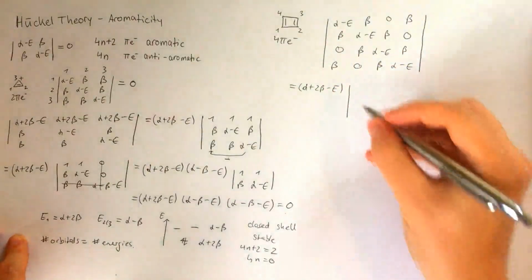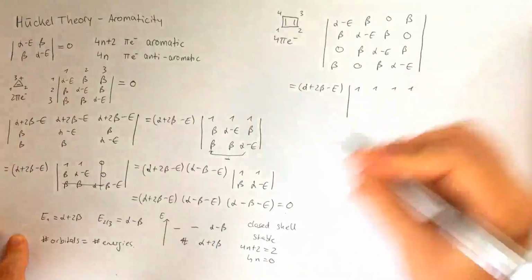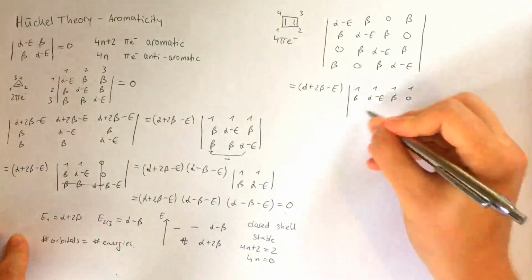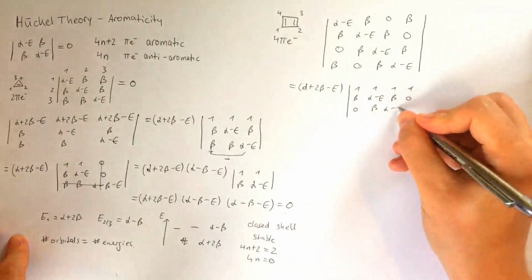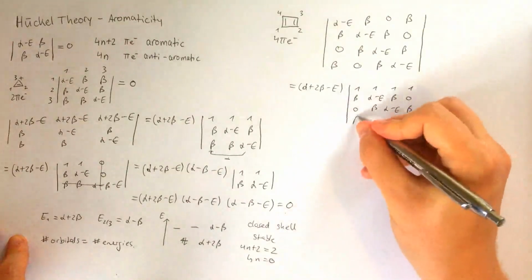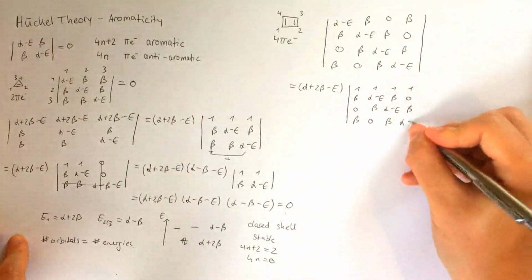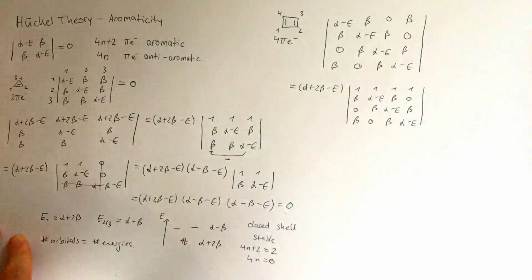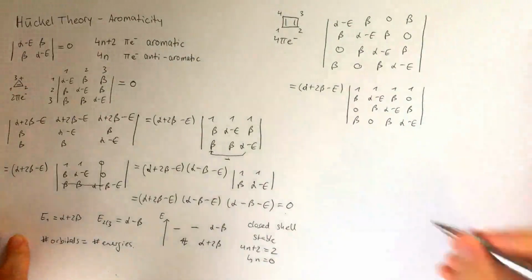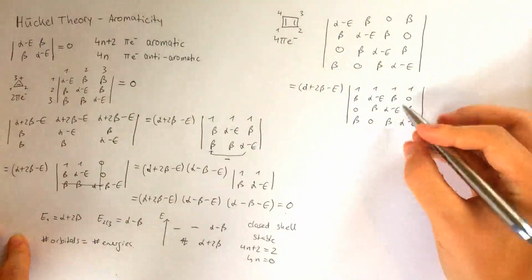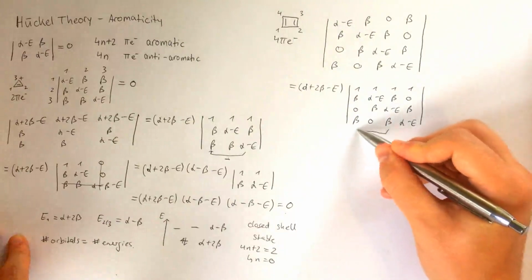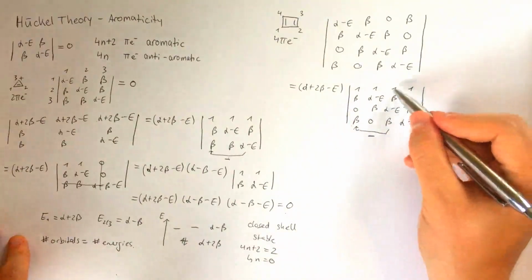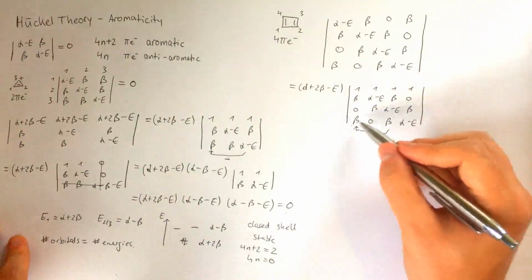And my remaining determinant is 1, 1, 1, 1. Beta, alpha minus E, beta, 0, 0, beta, alpha minus E, beta, and beta, 0, beta, alpha minus E. Now, the next step I could do is subtract this column from this, because then the 1s cancel, the betas cancel, and the betas cancel.